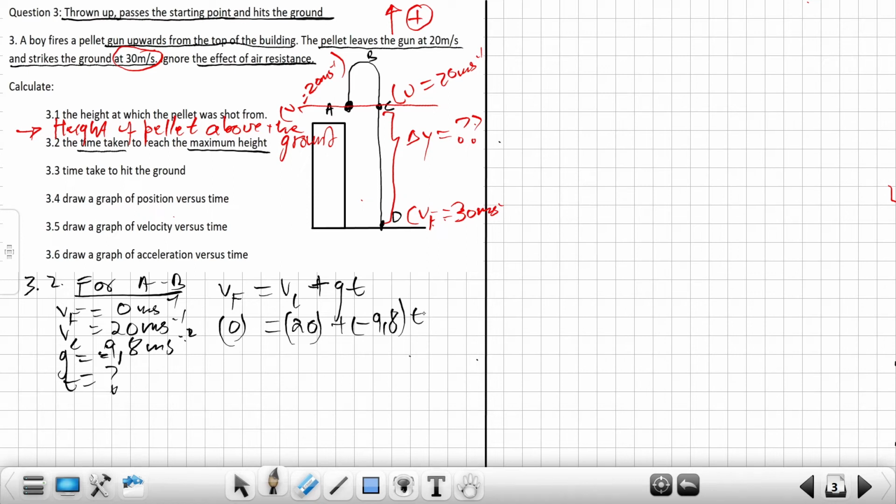And then when we do the mathematics, we'll find that t is equal to 2.04 seconds. So now this is the time only from A to B.